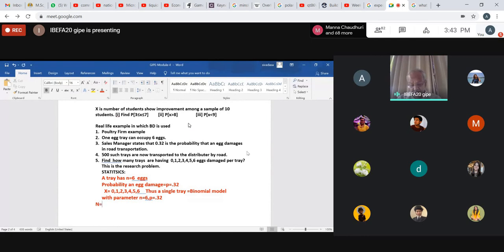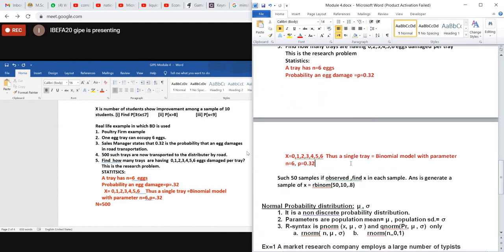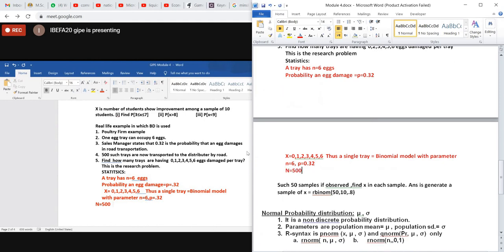Now, capital N equal to 500 trays. So the objective is how many among 500 trays have X damaged eggs.